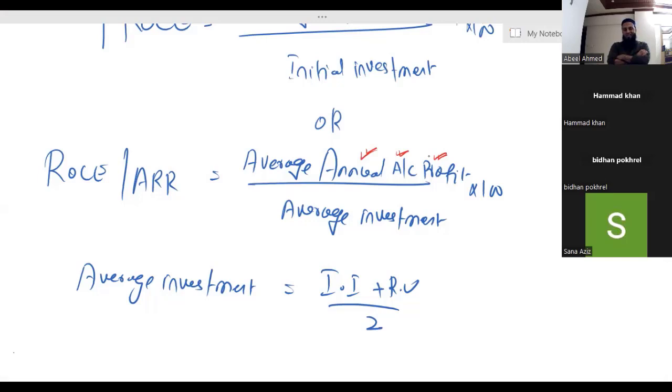Profit before tax is an accounting profit. Profit after tax is an accounting profit. Even the retained profit is also an accounting profit. So my question is, which accounting profit will you be using in this ARR? I hope everyone has understood my question. There are several definitions of accounting profit, so which profit will you be using?